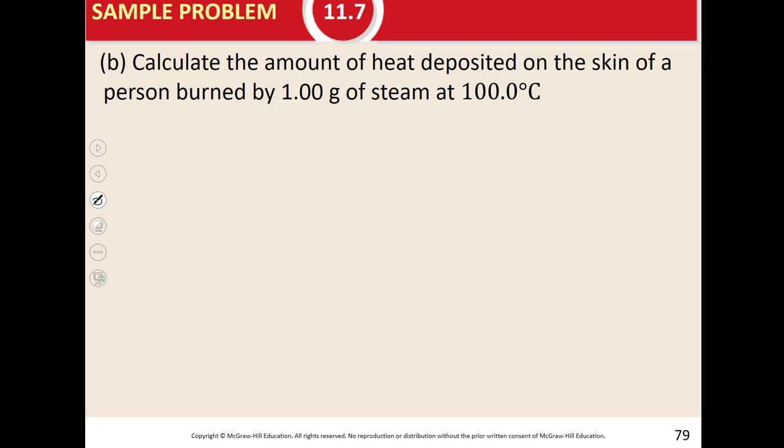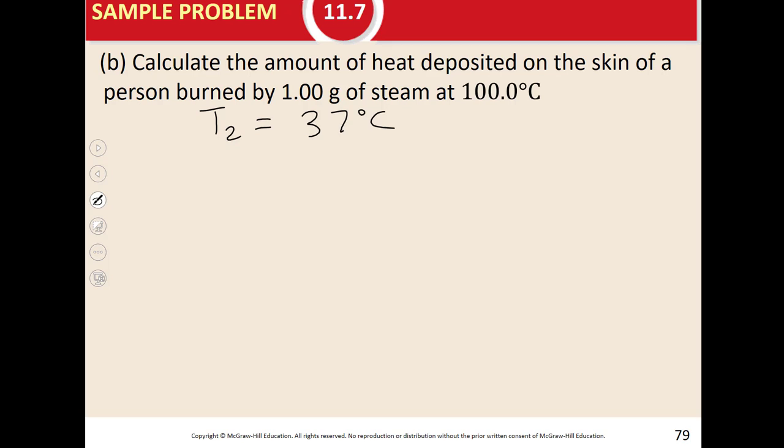Yeah, I feel like that should have been right in the problem. Oh, yeah, it says in the problem, it just didn't get put on the slides. So assume that the person has a temperature of 37 degrees Celsius. Not quite sure why I skipped over that.